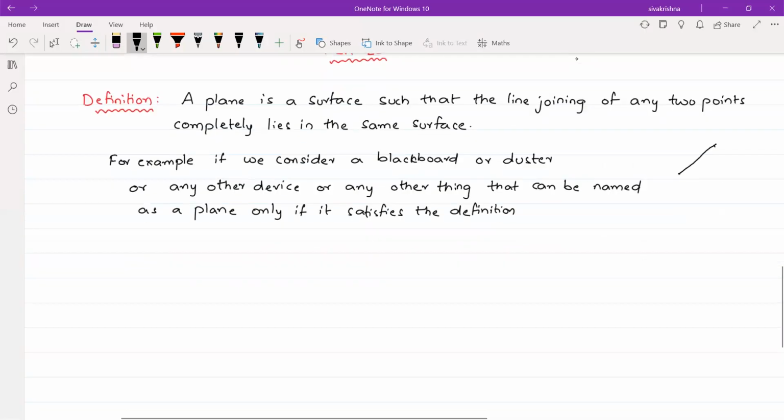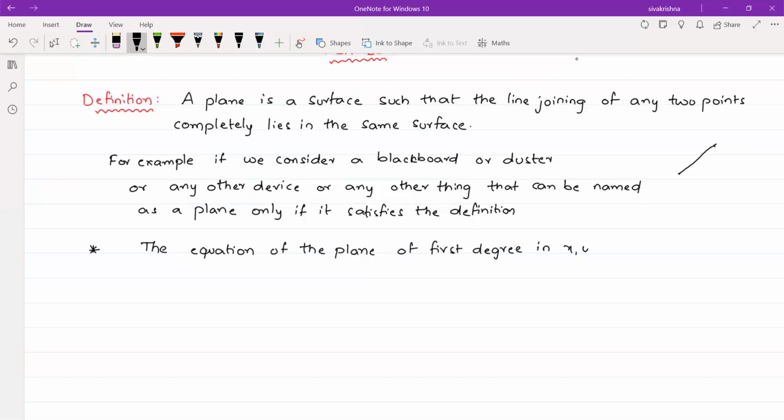After that we have to write one important point, that is the equation of the plane of first degree in x, y, z is ax plus by plus cz plus d is equal to 0.